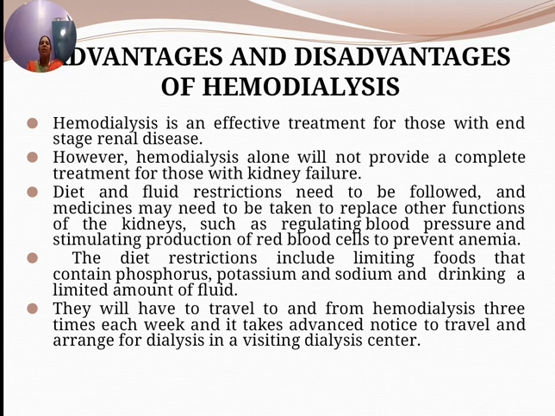The disadvantages of hemodialysis are that diet and fluid restrictions need to be followed, and medicines may need to be taken to replace other functions of the kidney, such as regulating blood pressure and stimulating production of red blood cells to prevent anemia.